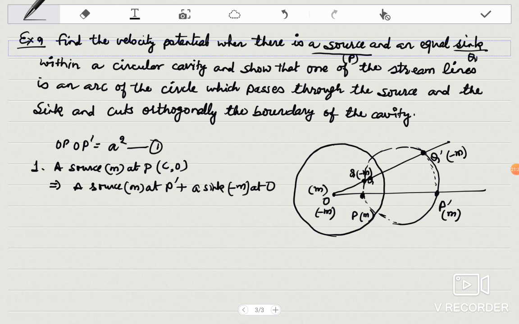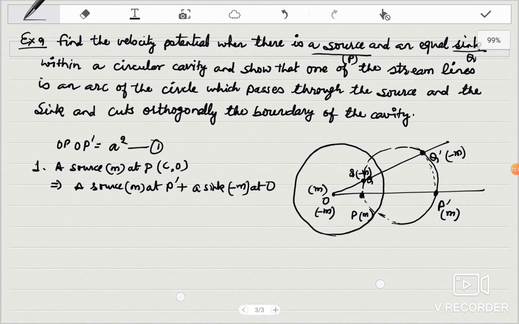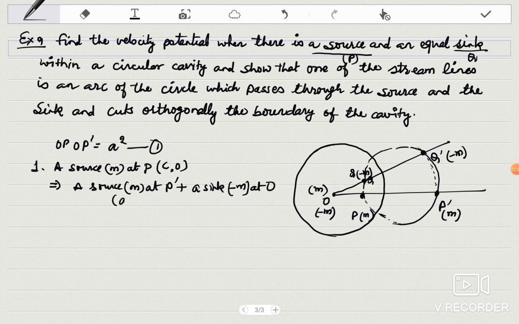And the point P' will be, naturally, A square upon C, because the multiplication here, OP is C, so OP' is A square upon C. And you have a sink at this, so a sink at the point (0, 0). Let us take this angle to be alpha.